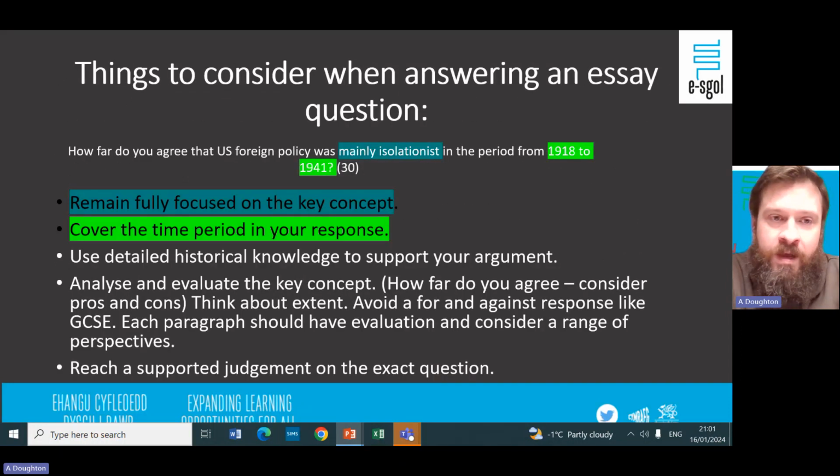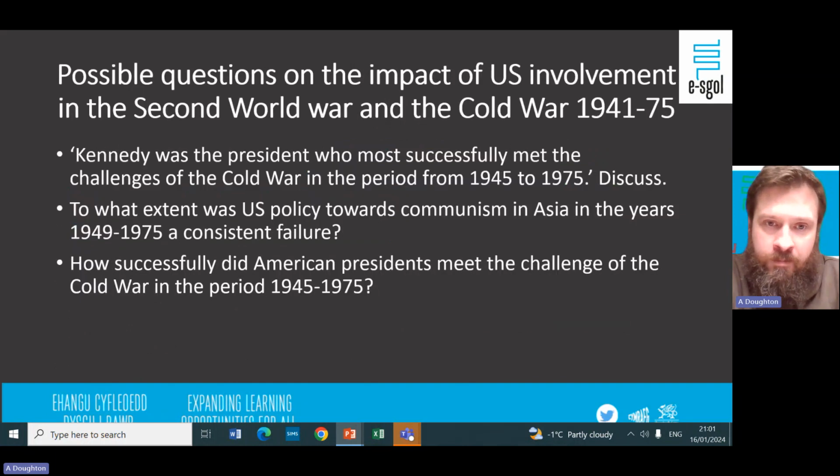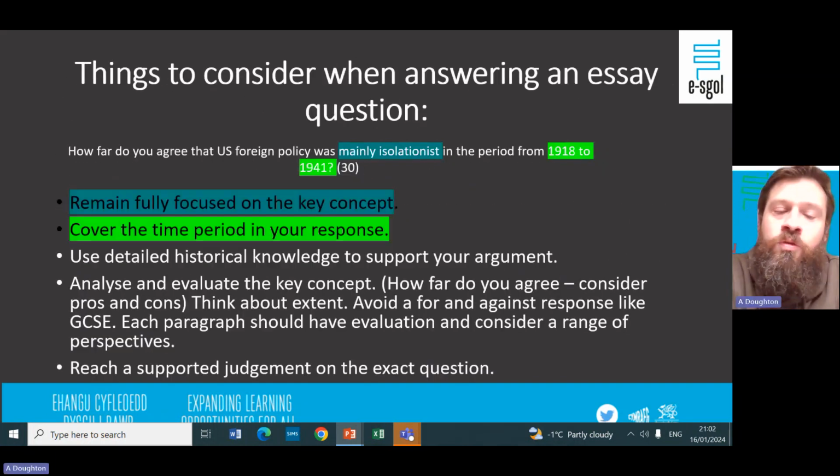Also, you must cover that time period set. It's important that you do know the presidents for a question like that. You must also use detailed historical knowledge to support your arguments. Like I've mentioned, you need to analyze and evaluate the key concept. Don't just give reasons why they were successful and then list them like a for and against response.